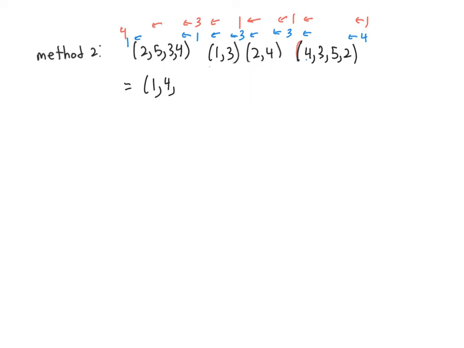So we see that 4 is sent to 1. All right then. So that finishes off one of our cycles.